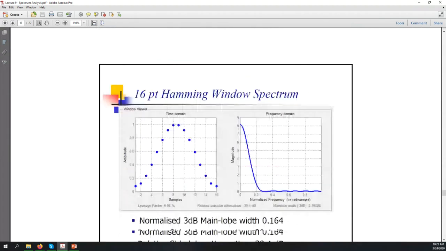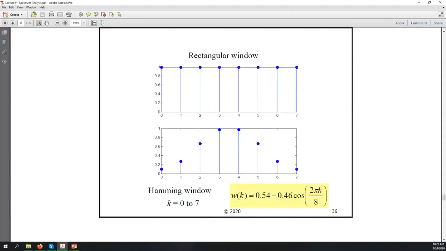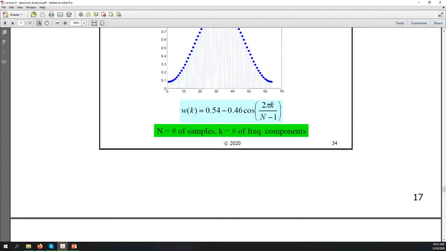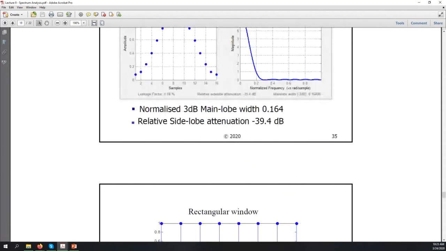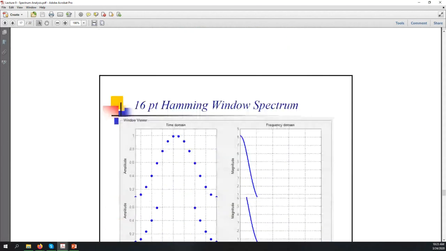So if we took an 8-point window here, the n minus 1 is basically going to be 8, regardless. Even though you're seeing n is the number of samples you're taking, it's actually going to be divided by 8 for the 8 samples. So actually, this is not supposed to be n minus 1, it's just supposed to be divided by n. So that's one thing to fix regarding the slides.